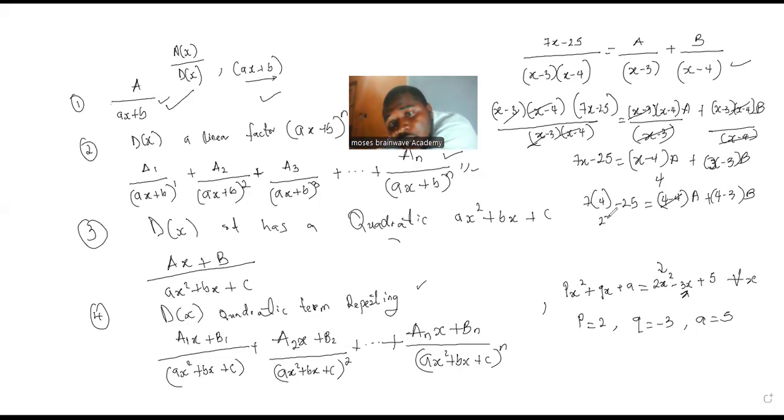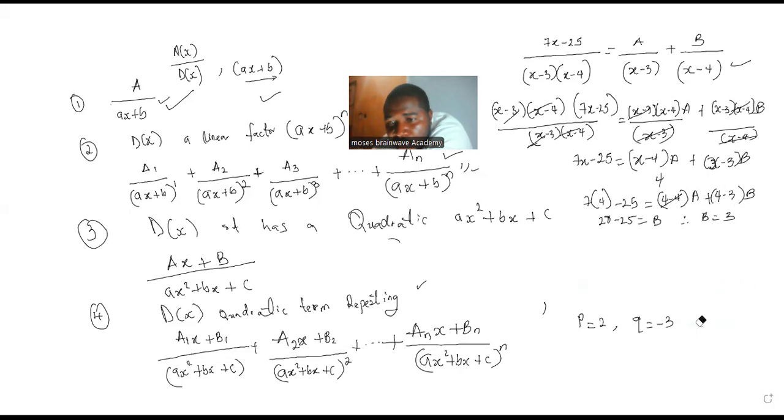So we have 28 minus 25 is going to be, this is gone, 4 minus 3 is 1, so this is going to be b. Therefore, our b over here is, I think, 3. 28 minus 25 is 3, right?